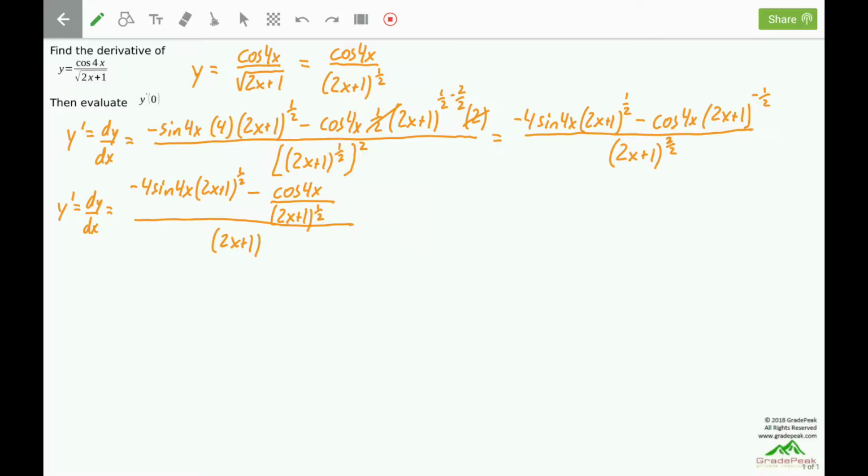Now we have a fraction in the numerator, so we need a common denominator between the terms in the numerator so that we can combine them.